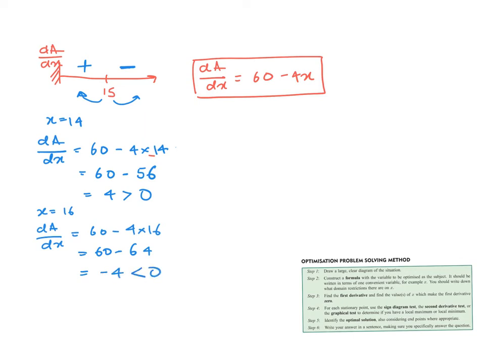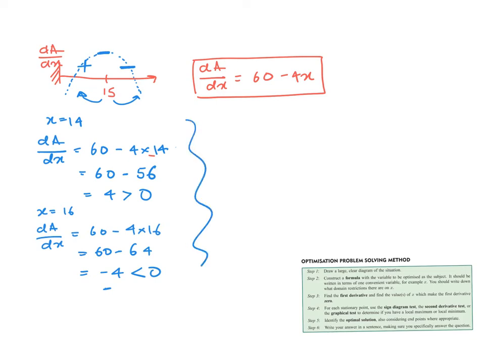The number here is negative, so therefore we're going to have negative. Now, this sign diagram is telling us that the slope is positive, so it's going up, and then after 15, it's going down. And we do know that when you have a shape like this, you have the maximum.